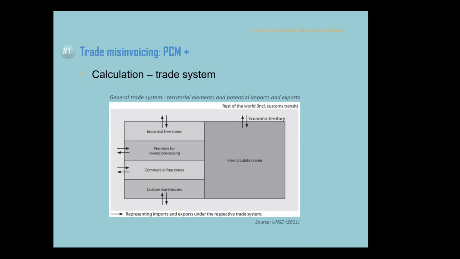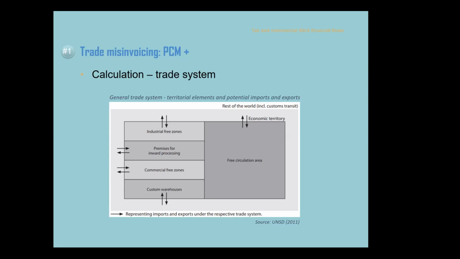So first we have to check what is going on with the trade system. We know that differences in the trade systems between countries may lead to trade asymmetries, but those asymmetries cannot be attributed to illicit financial flows.